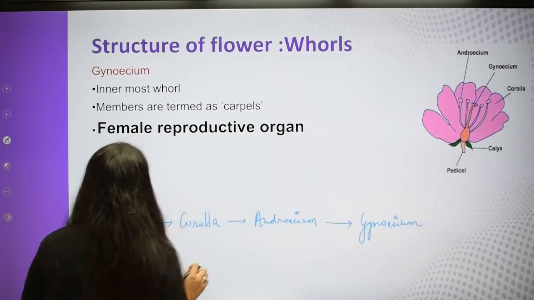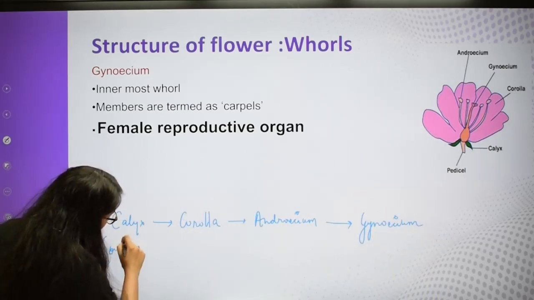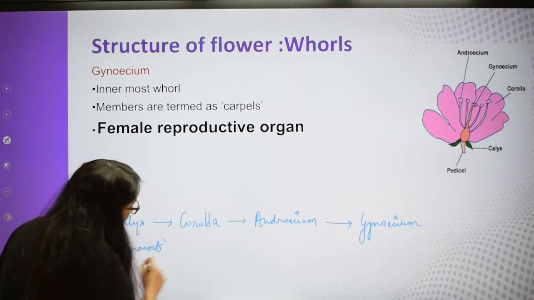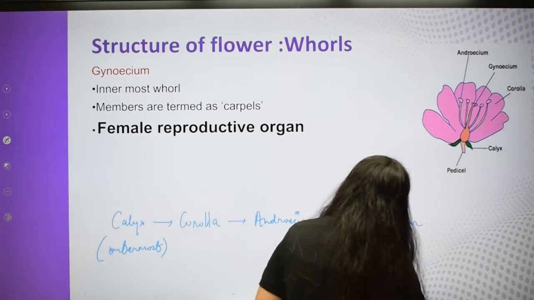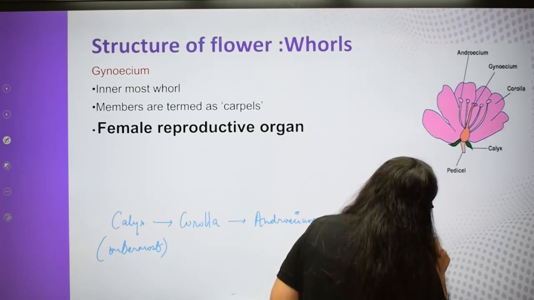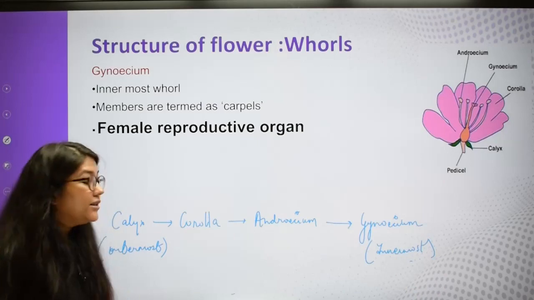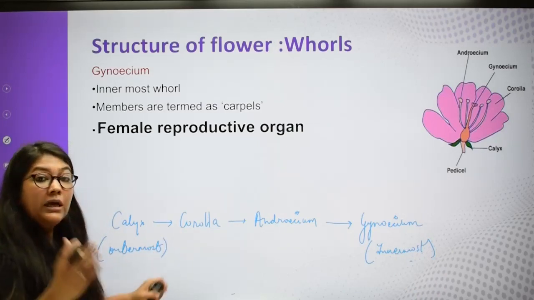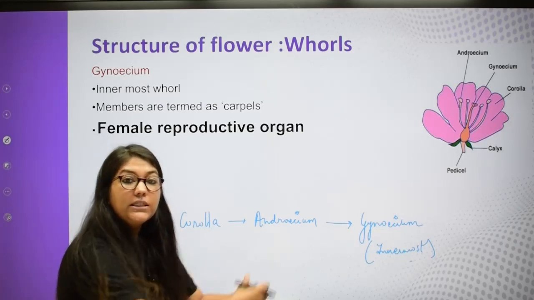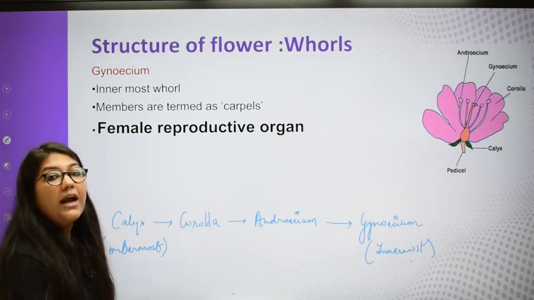So this calyx is the outermost, and gynoecium is the innermost. The sequence is very important. It has been asked previously in your exams. Okay, so you have to remember the sequence. We are starting from the outermost whorl and moving towards the inside: calyx, corolla, androecium and gynoecium. Right?